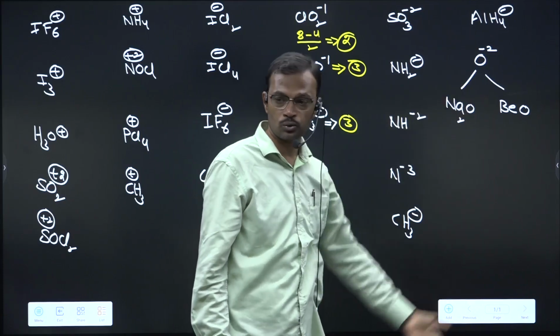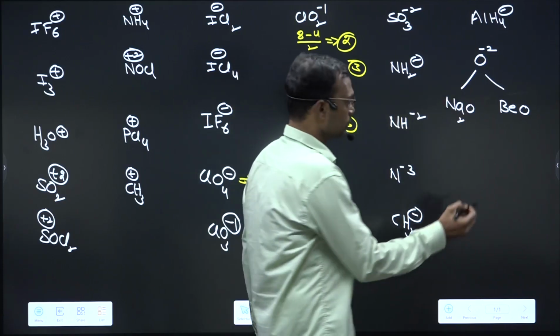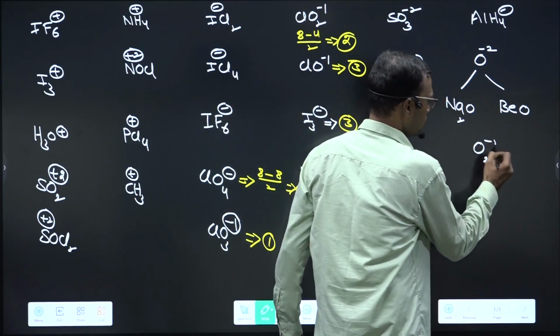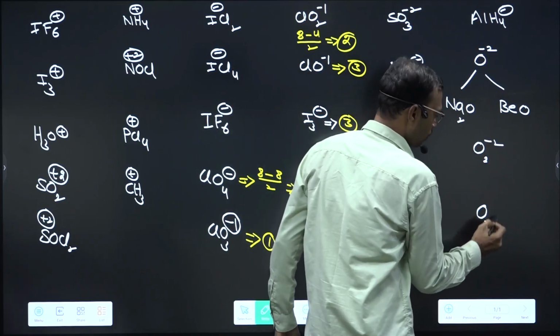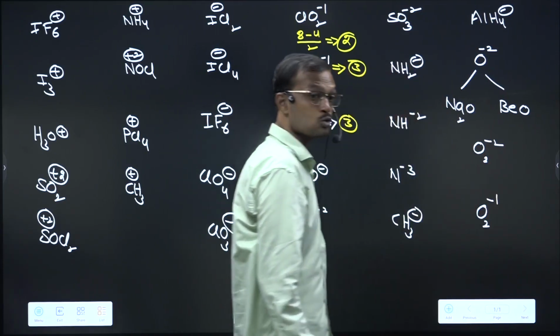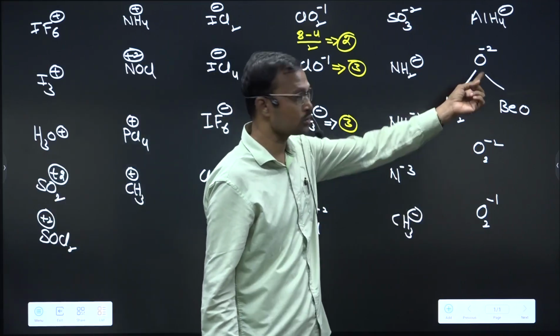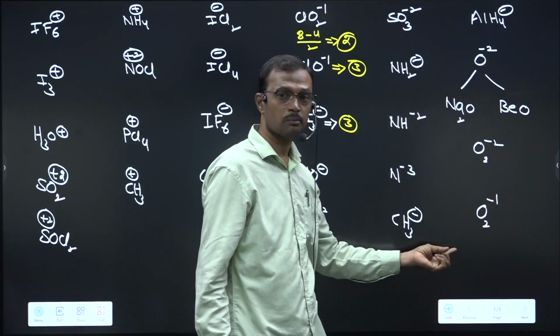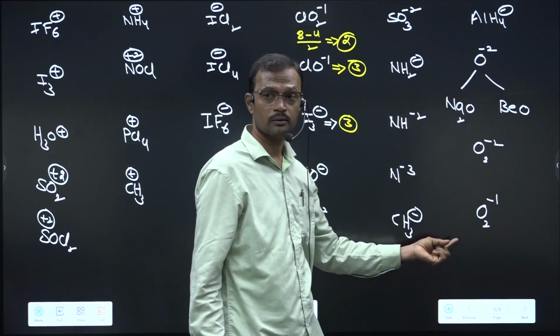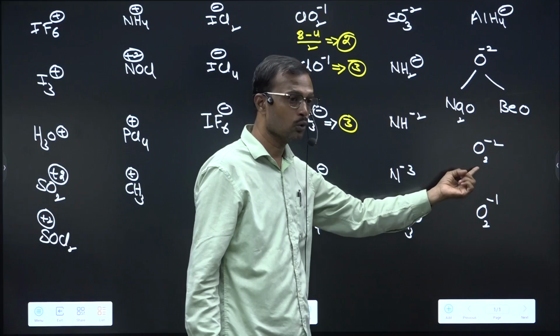What is O2 minus 2? Peroxide. O2 minus 1, superoxide. This is superoxide, peroxide, monoxide. What is the charge on peroxide? O2 minus 2.